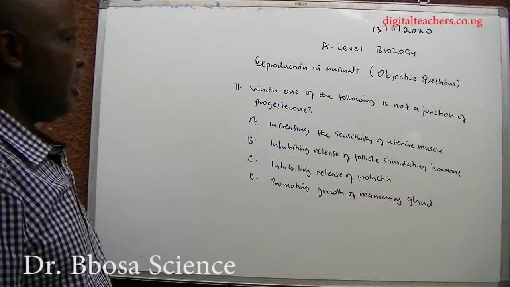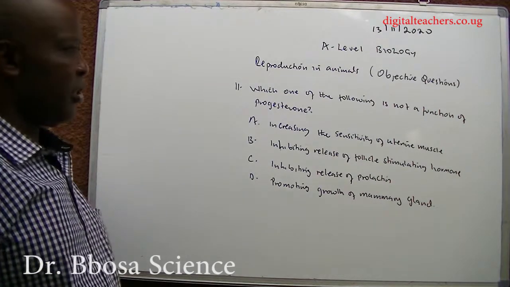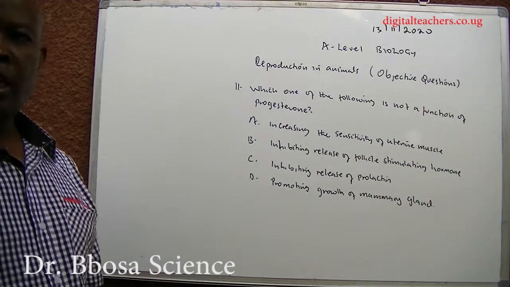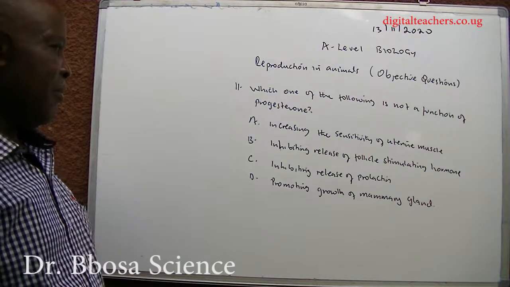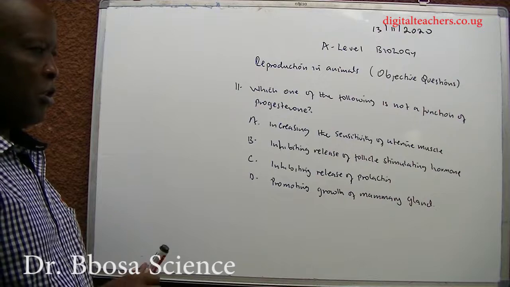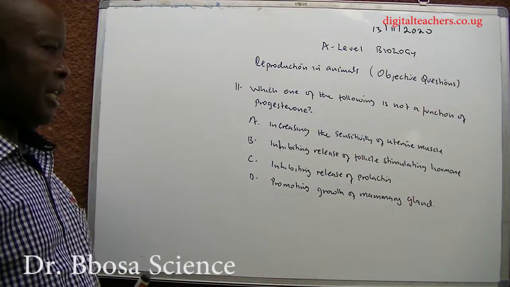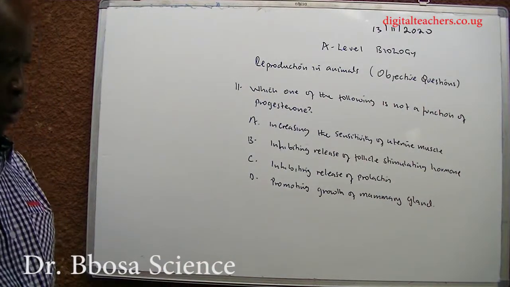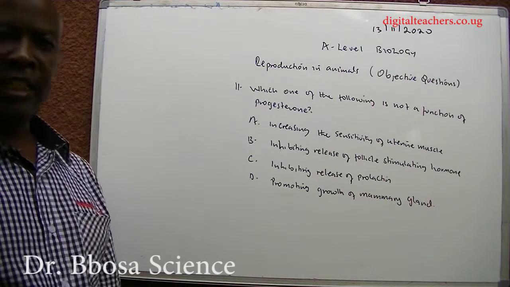Number 11. Which one of the following is not a function of progesterone? A. Increasing the sensitivity of uterine muscle. B. Inhibiting release of follicle stimulating hormone. C. Inhibiting release of prolactin. D. Promoting growth of mammary glands.